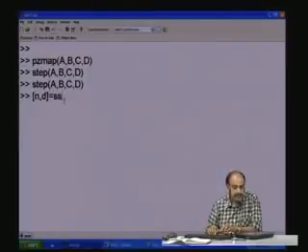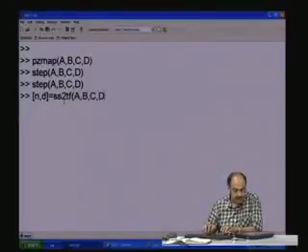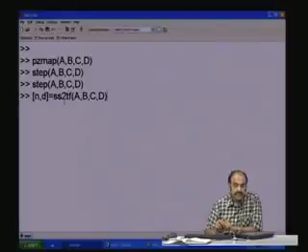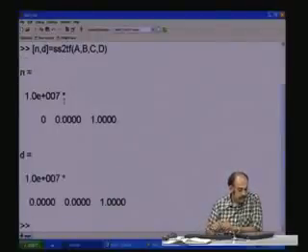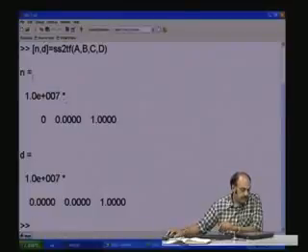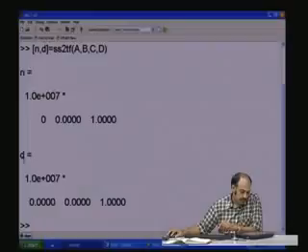Let us use the SS to transfer function, and we want to get the transfer function of A, B, C, D, the system which is the RLC circuit.